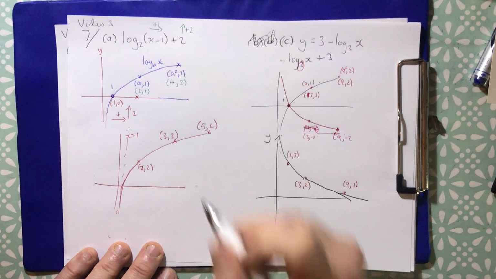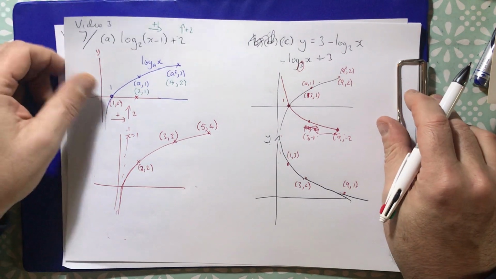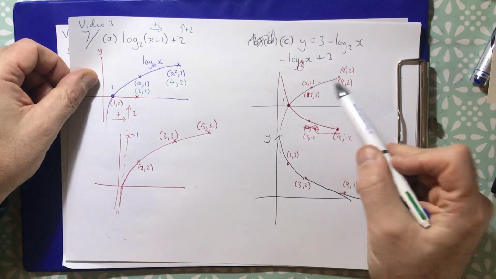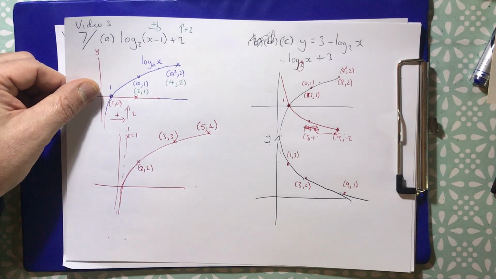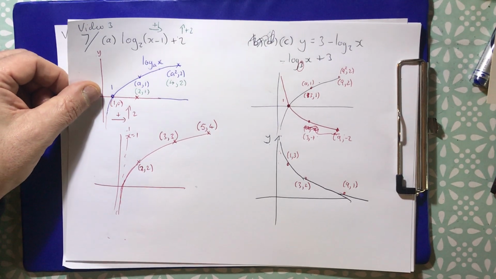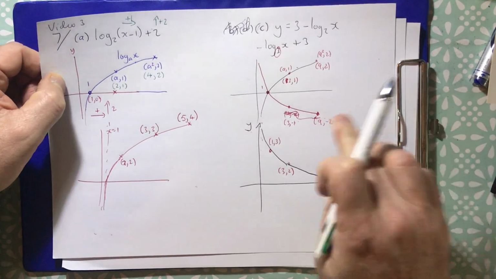That would be log to the base a of x. So it's putting those two things together, okay? They are not the easiest to draw, log graphs, but if they ask you for 3 points, if you get the general shape and the 3 points it goes through right, then you'll get the marks, but not easy to draw.